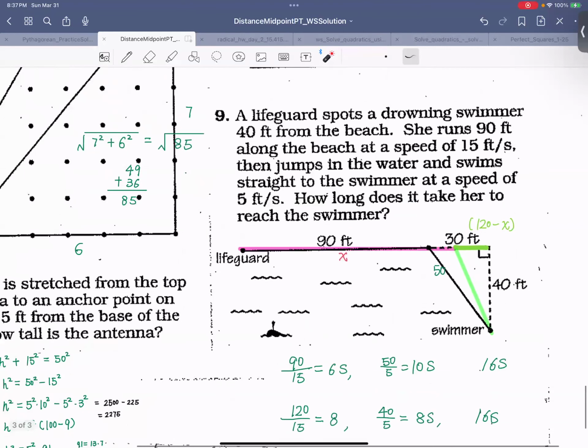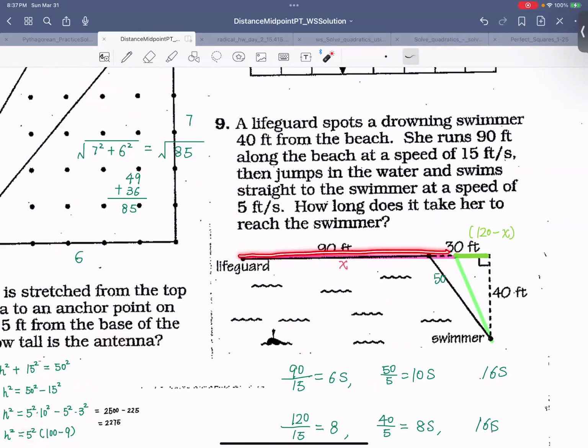Along the beach, in 1 second, she can run 15 feet per second. But under the water, the person can swim at a speed of 5 feet per second. Okay? So you don't know which is the position where the person should jump into the water. You call this x. And if this is x, this total is 120, so that distance is 120 minus x.